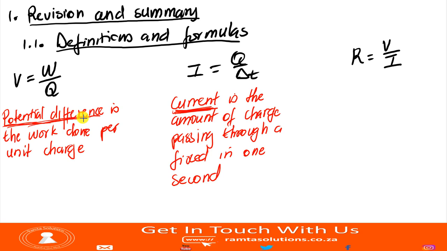All right. Now, when we talk resistance, what we said about resistance was it is a measure. We said resistance is the measure of how hard it is to push electricity through a circuit element. But I'm going to give you more definitions on this.